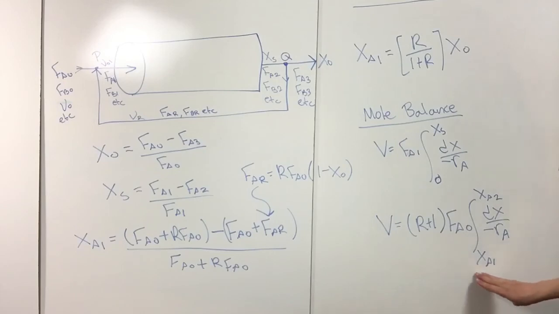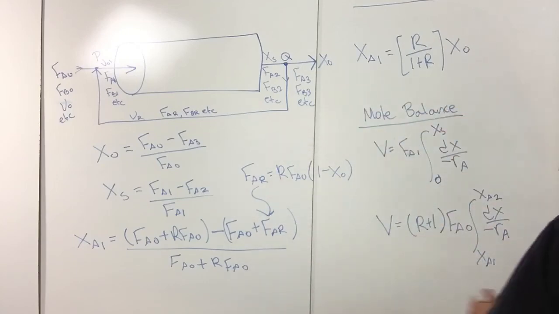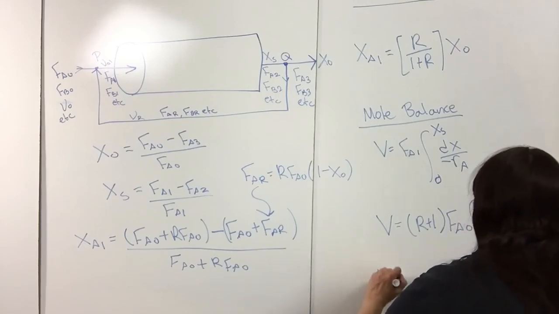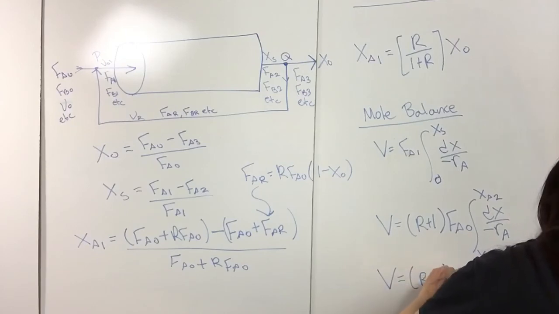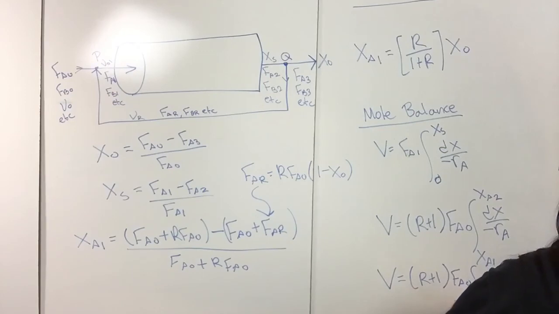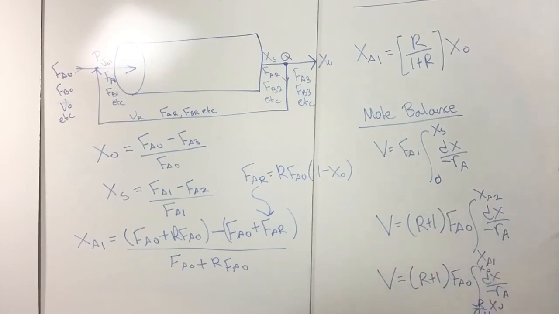And we know what XA1 is because we just found it, and we know that XA2 is X naught. So then we can write that in. So V is equal to R plus 1 times FA naught, integral from R over R plus 1 X naught to X naught, dx over minus RA.